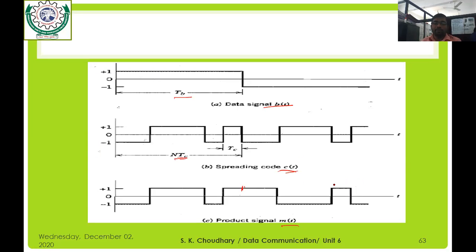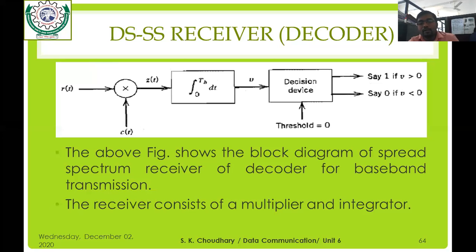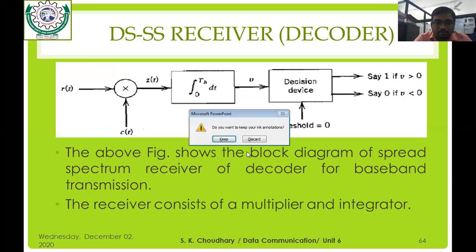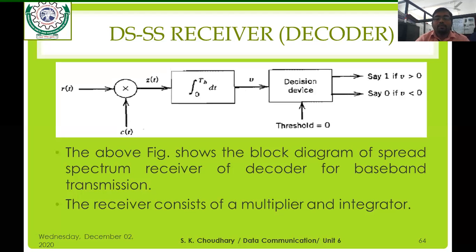So in this way the m(t) signal would be generated, that is the product of b(t) and c(t). But at the receiving end we are receiving r(t), that is the summation of m(t) plus i(t). So this is the receiver structure of the DSSS receiver. So please note down this diagram.